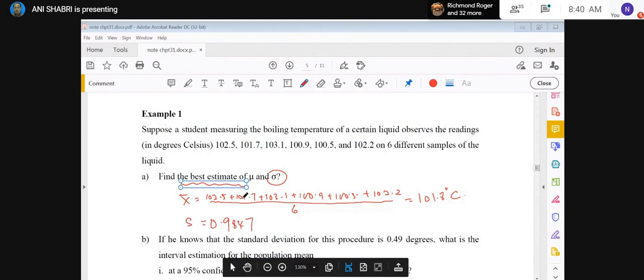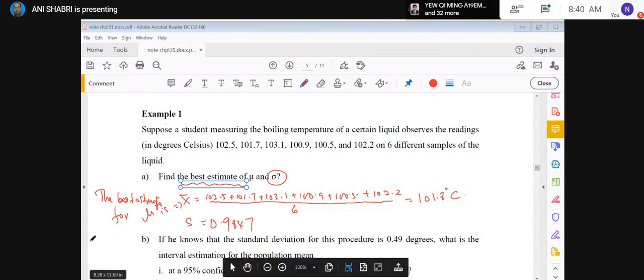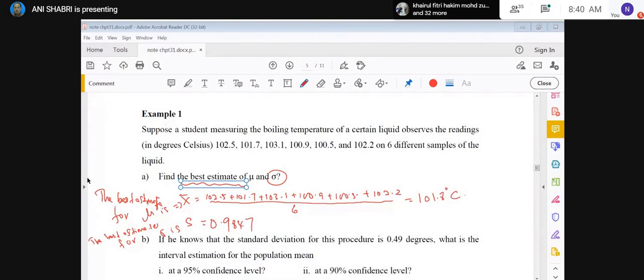Okay, this one: the best estimate for mu is S bar, and the best estimate for sigma is S. You must mention this in the question; it is not equal.